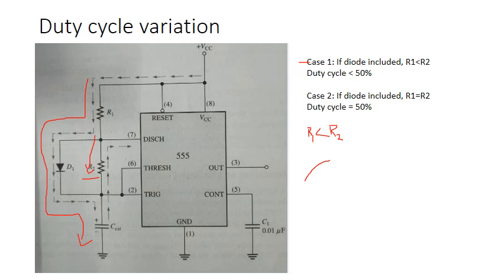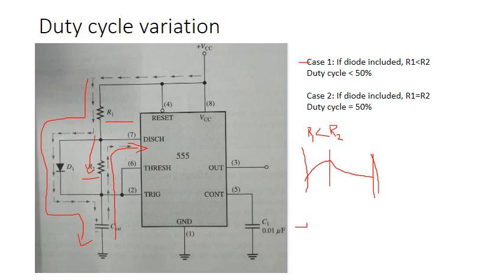Then the discharge path is through this. You know the internal circuitry, you can just refer back to the slides and see the internal circuitry. So charging time is because of the resistor R1, discharge time is because of the resistor R2. R1 is less, so charging time will be less, and discharge time will be more because the value of R2 is larger than R1.